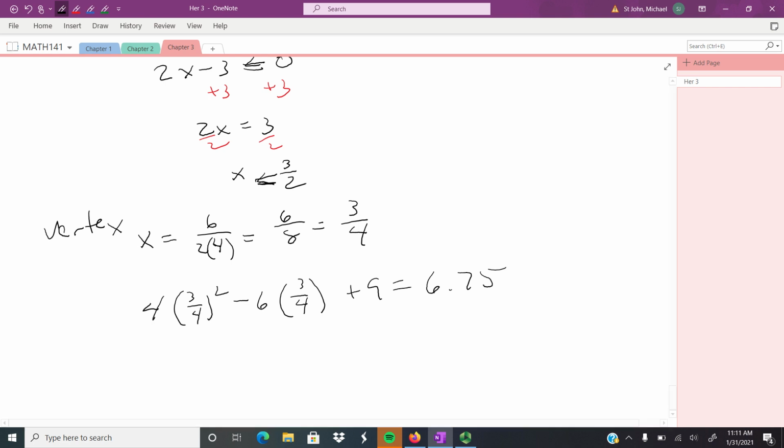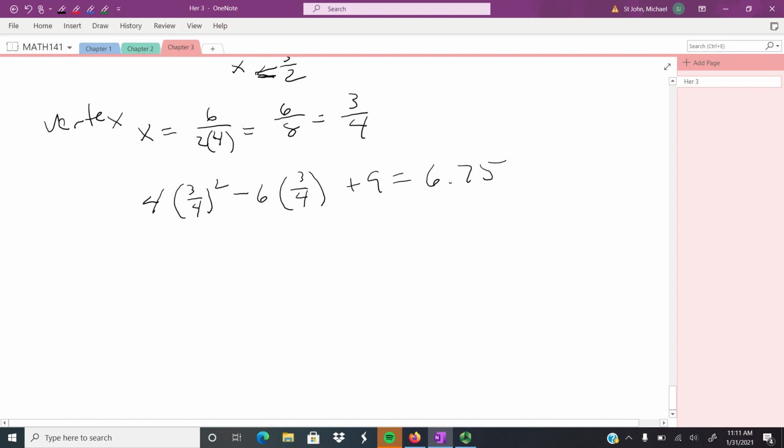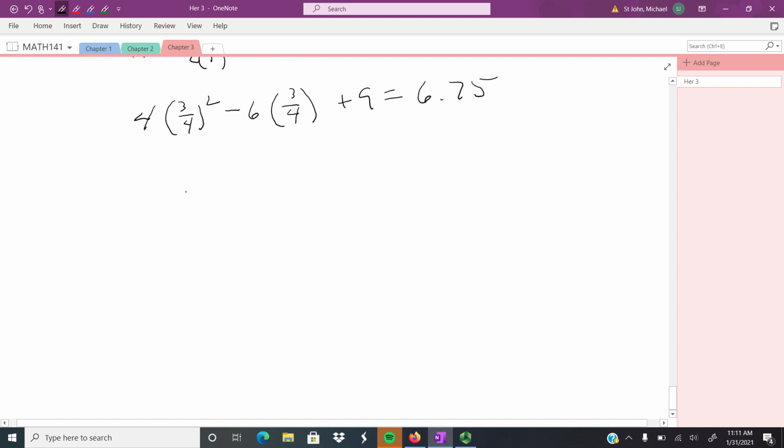Now let's see, the vertex is at the bottom of the curve. Right? And this parabola opens up. And so if I were to quickly graph this without really worrying about how exact I am, well, we said we got a vertex at 3/4 and basically 7.